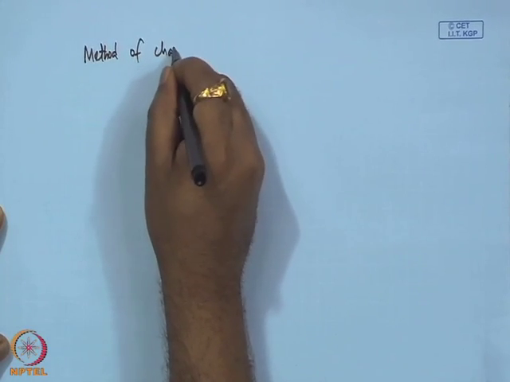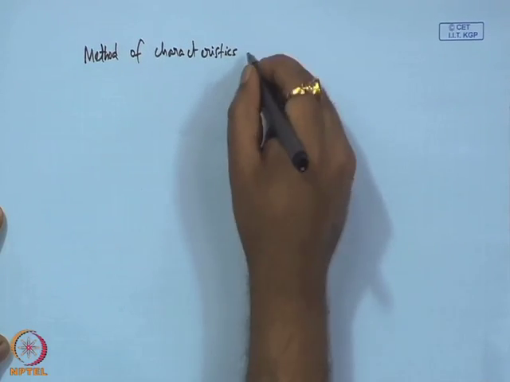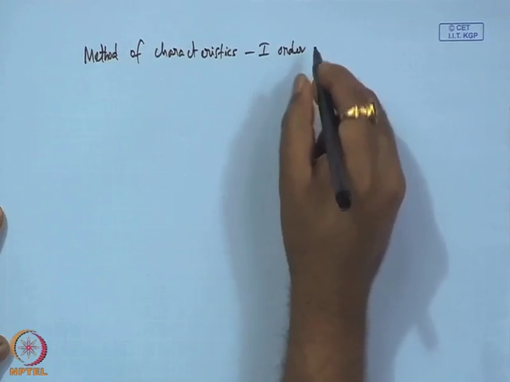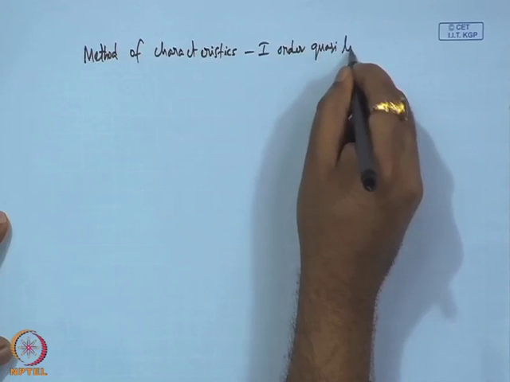Method of characteristics, first order quasi linear.